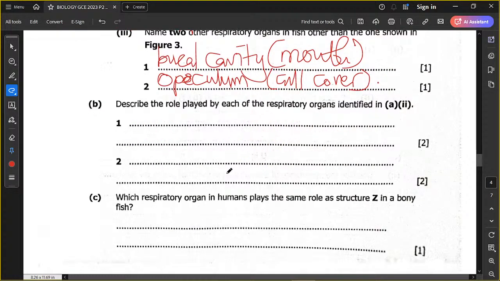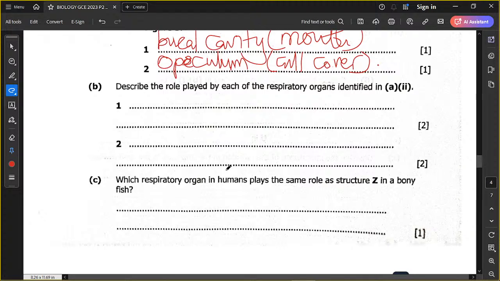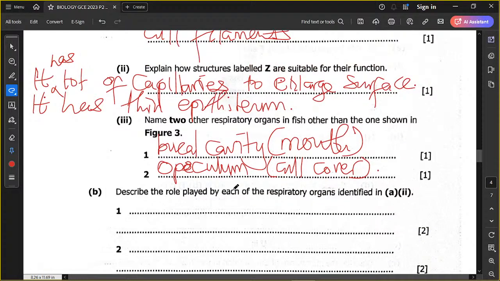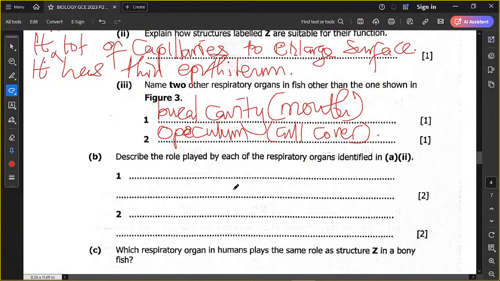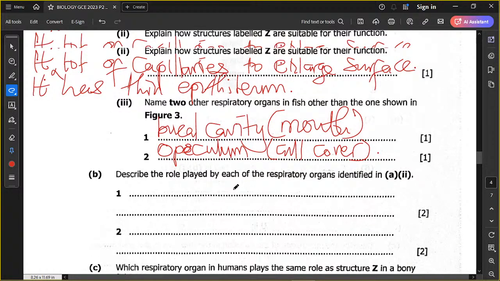We come to question 3b. Describe the role played by each of the respiratory organs identified in A2. So the role played by the buccal cavity or the mouth. Okay, it's supposed to be organs identified in A3, not 2, isn't it? Have you seen that? Yes.